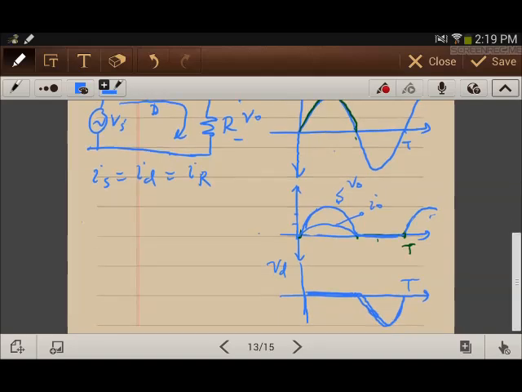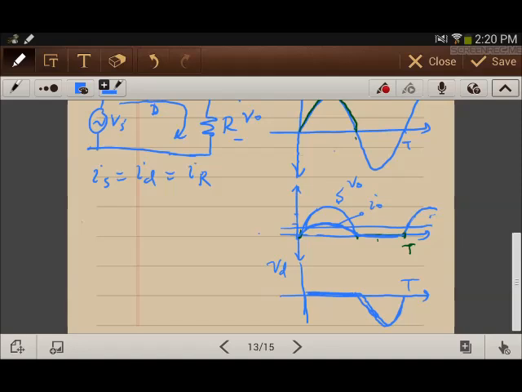So if I want to find the DC component of this signal, either for the voltage or for the current, then I have to find the average value of these two signals over the whole period, which is T.